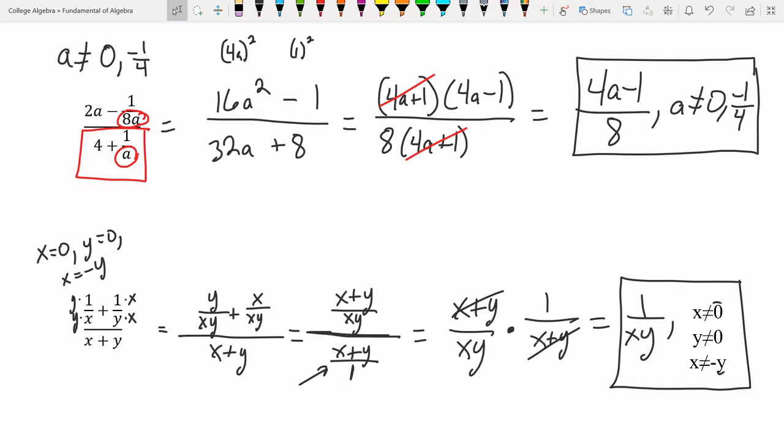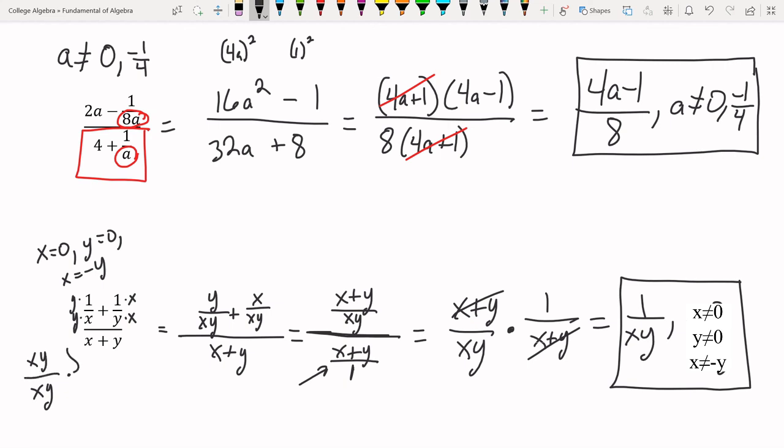So the first method is quite nice to work with. I think it's simpler, the method I use on the top. For the bottom complex fraction, all you would have had to do is multiply top and bottom by xy over xy.